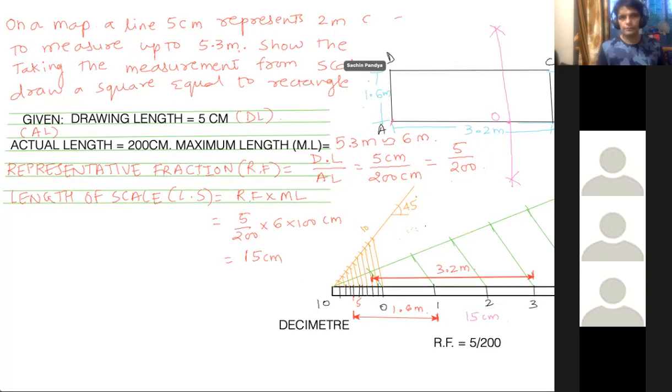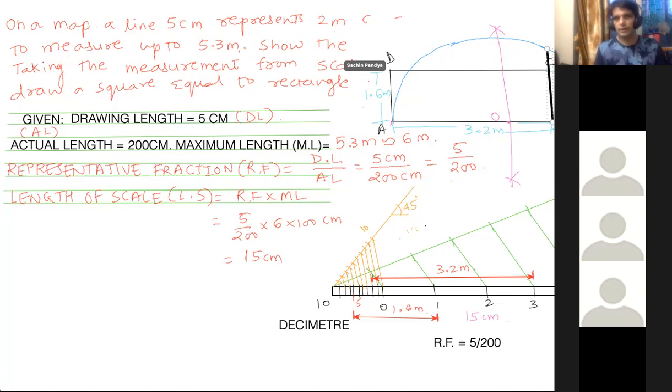Then what you have to do? Then you take O to A and you draw a circle like this. Got it? Understood? This is how you will draw. And then you extend the line from here. From B you extend this line. See, O to A you draw a semicircle, and from B you extend the line.